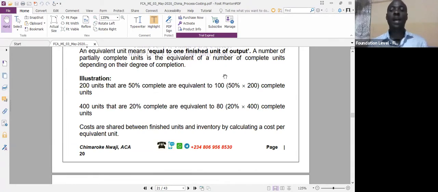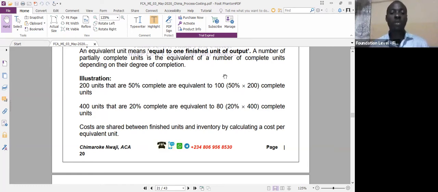So you see, when we are doing our expected costs in part 1, and we want to get the cost per unit for the output, finished goods output, we usually say costs divided by expected units. These are complete units.